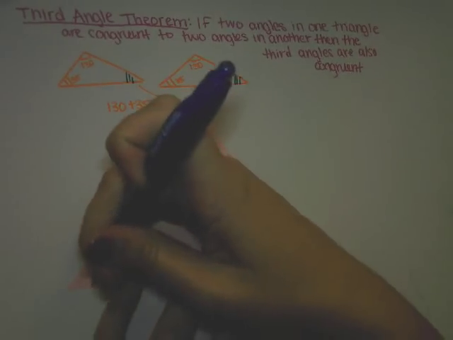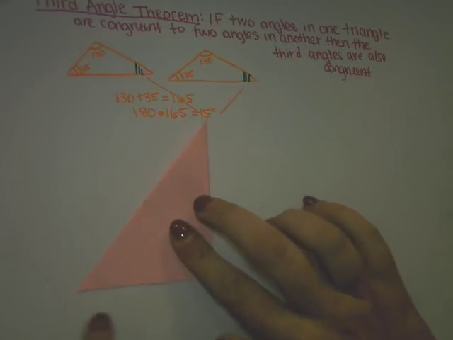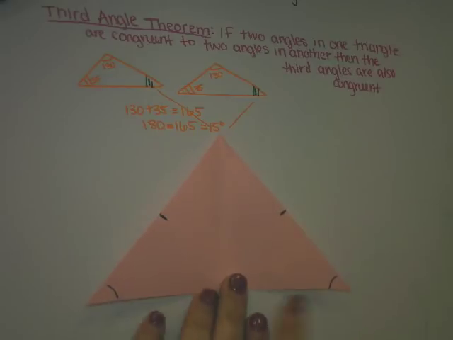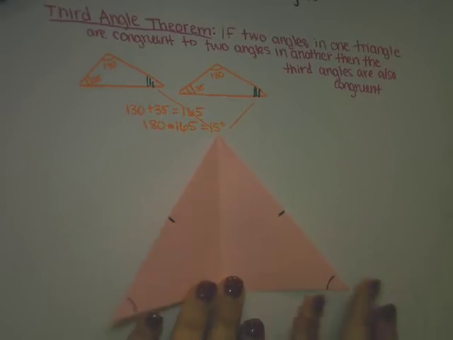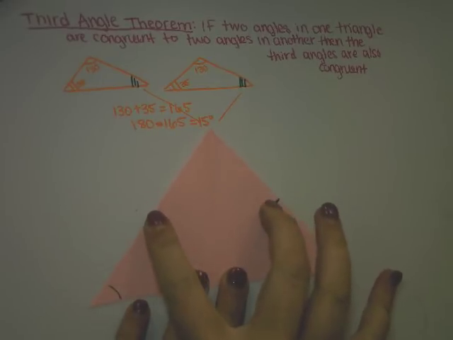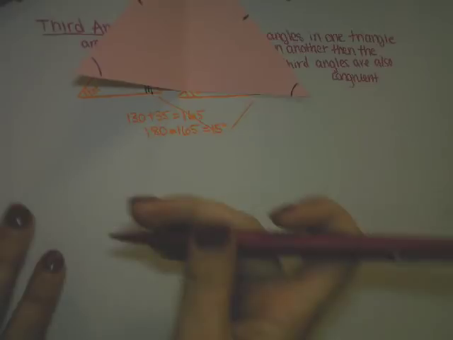Additionally, we know that this angle and this angle have to be the same. So if I had my triangle folded, they're directly on top of each other. They line up. So these angles are going to be congruent. This is what we call the base angles theorem. If you have an isosceles triangle, then we know that base angles have to be congruent. So let's summarize that.